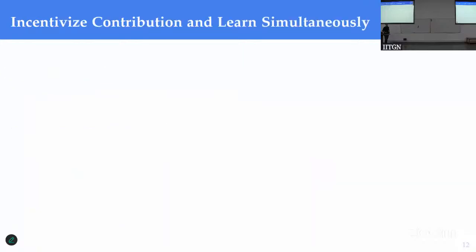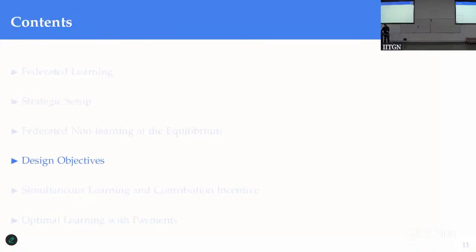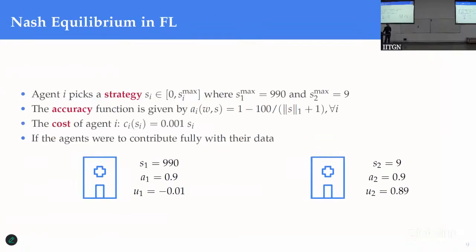What prevents the second agent from duplicating the data? Okay, so do you mean that they increase their S2 vacuously? But that will not have an impact, so we are assuming that this accuracy function is not getting improved. Yeah, it's dependent on the cardinality, but you can imagine that this accuracy function is appropriately chosen.